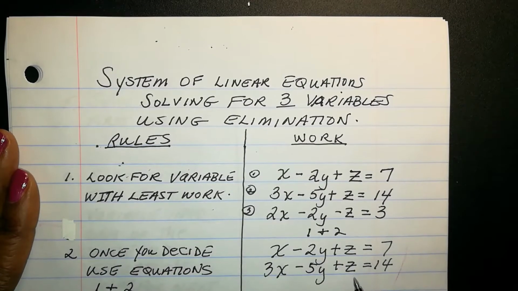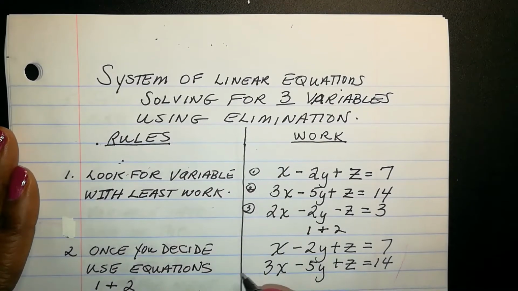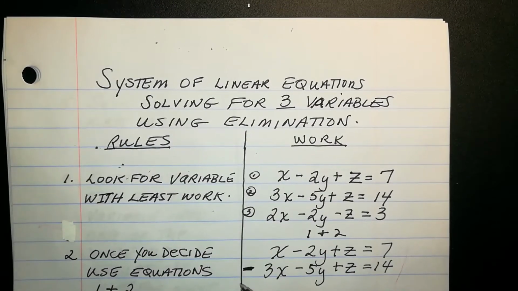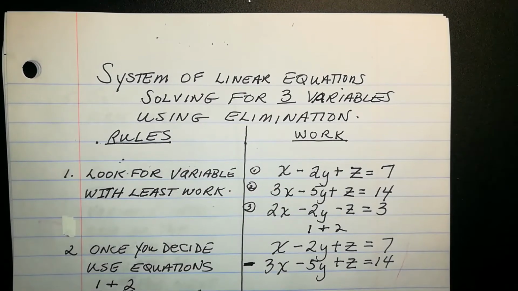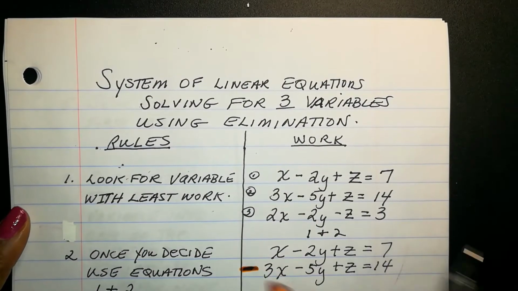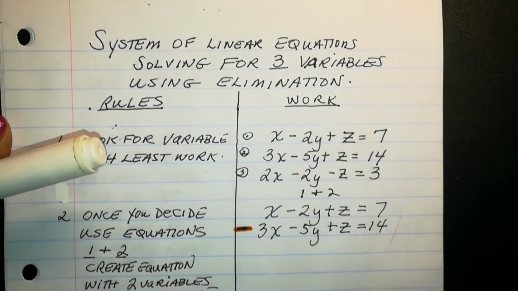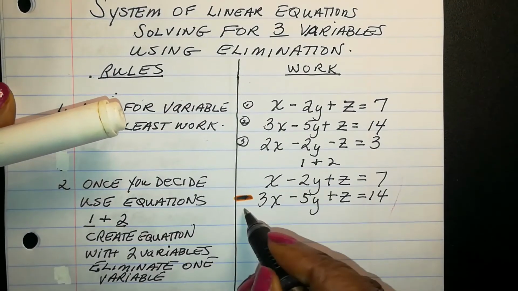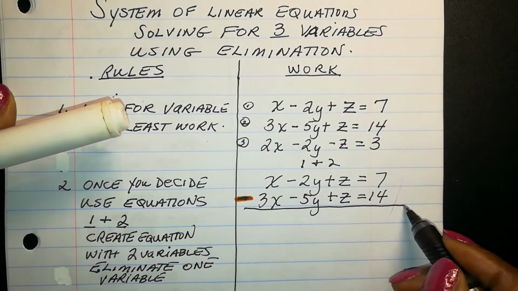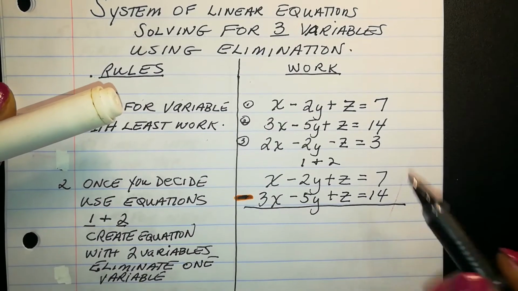That would not work. That would give me 2z. But if I subtract the two equations, I have now eliminated the z values.